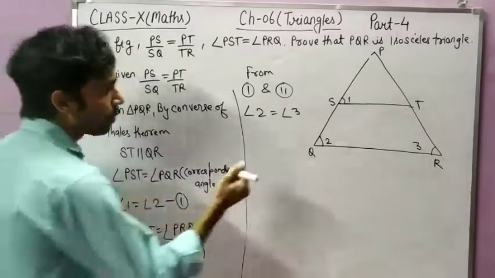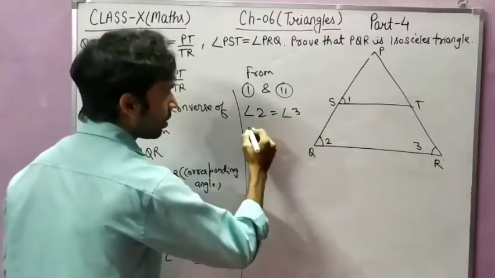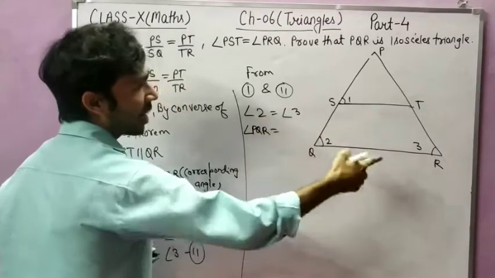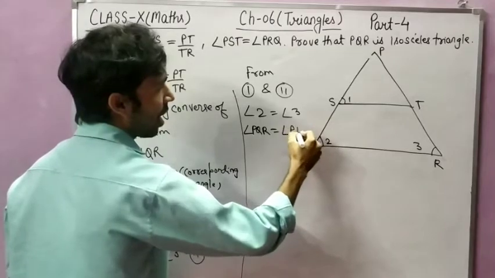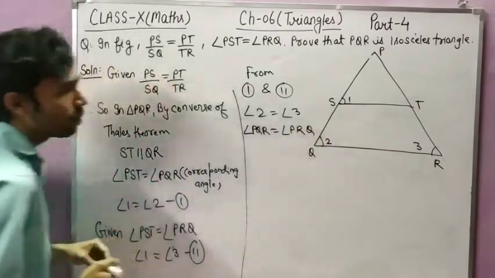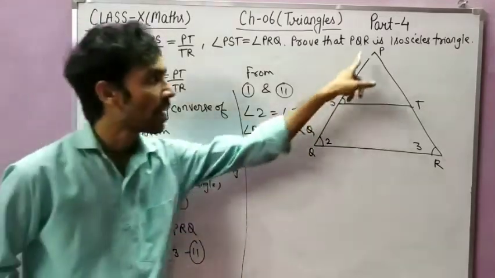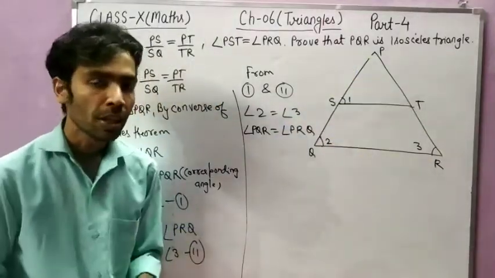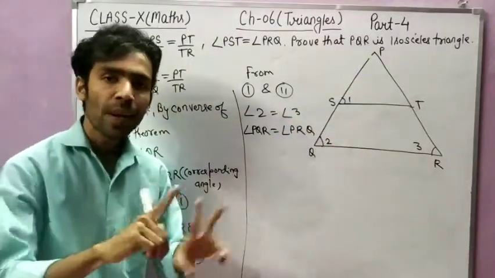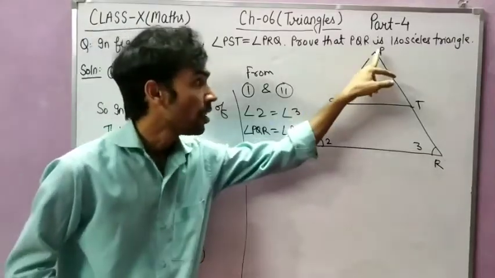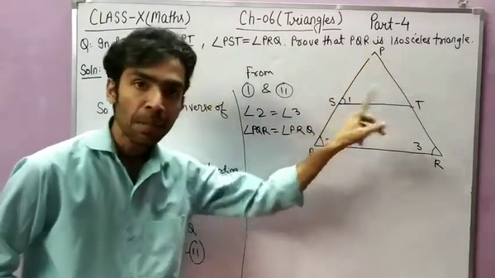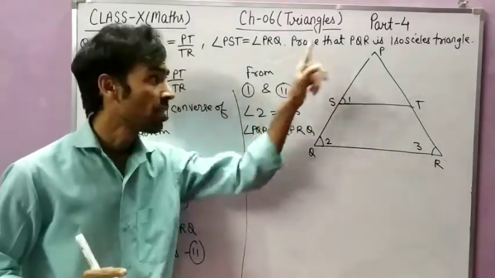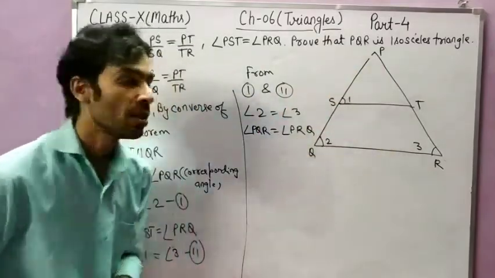Angle 2 will be angle PQR, and angle 3 is angle PRQ. So angle PQR and angle PRQ are equal to each other. If in a triangle two angles are equal, and in triangle PQR angle Q and angle R are equal, so this triangle PQR is an isosceles triangle.